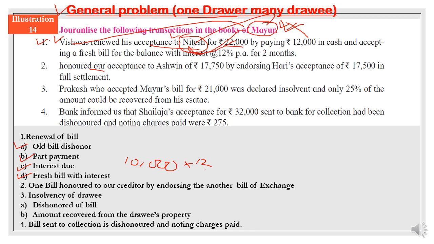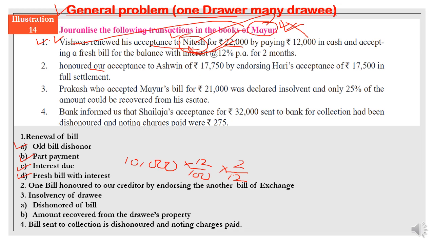So you will calculate the interest by writing this formula: 10,000, the remaining amount after the part payment of the bill, into 12 upon 100, and how many months? 2 by 12. By this you will get your interest amount, which you will first write in a due entry, and then you will add it in the fresh bill.